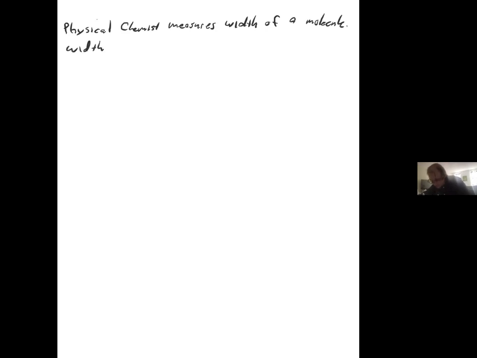Okay, in this one, this is a chemistry problem. So again, this is interconversion of prefixed and base SI units. In this one, they say you've got a physical chemist, so not a biologist, but a physical chemist, who measures the width of a molecule, and the width is 70 nm.